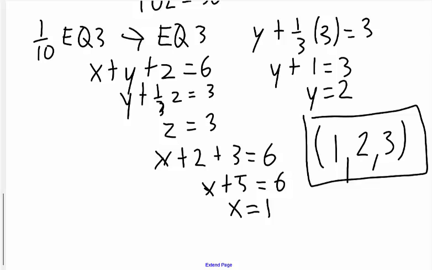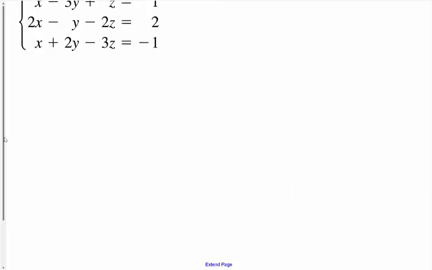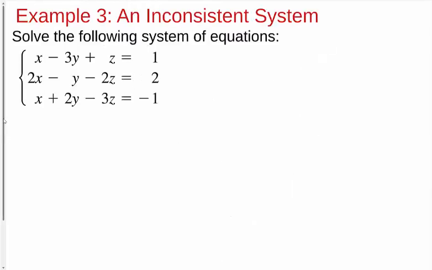So now let's go to another example. So this system is inconsistent. What does that mean? Well, let's find out. Let's see. So we go back to our normal Gaussian elimination with elementary row operations. What do we want to do?